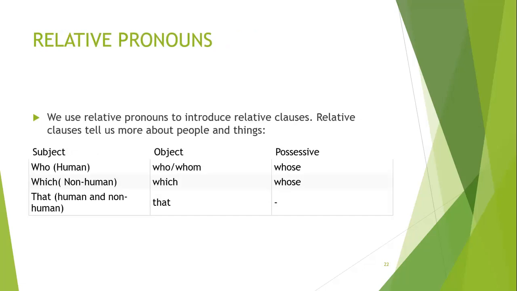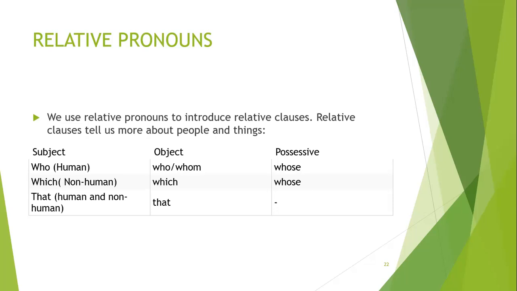All right. Then we have what we call the relative pronouns. Relative pronouns are used to introduce relative clauses. And relative clauses tell us more about people or things. So here too, we talk about the position, whether it's a subject, object, or possessive. If it's the subject position and it is human, we use who.